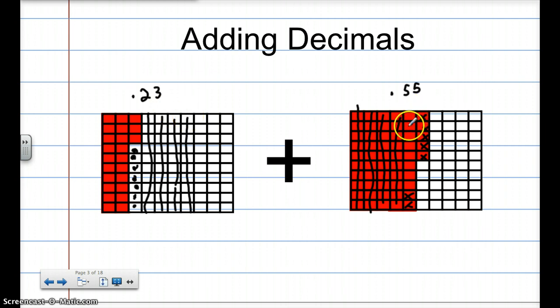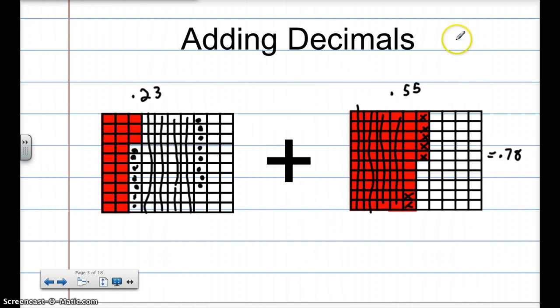And then I'm going to take 1, 2, 3, 4, 5, 6, 7, 8, and fill in these 8. Now let's count. 10, 20, 30, 40, 50, 60, 70, 71, 72, 73, 74, 75, 76, 77, 78. So I have 78 hundredths.